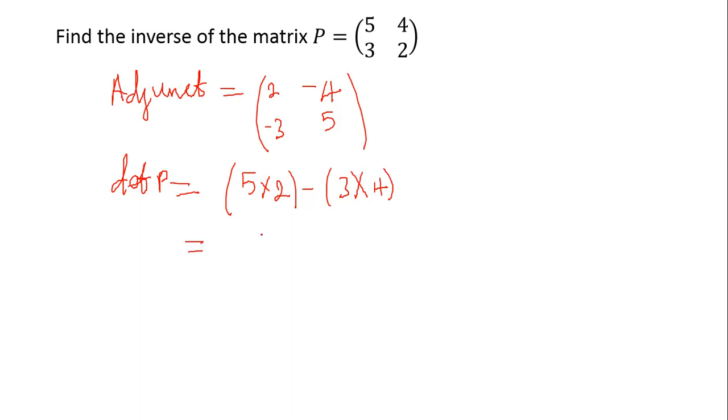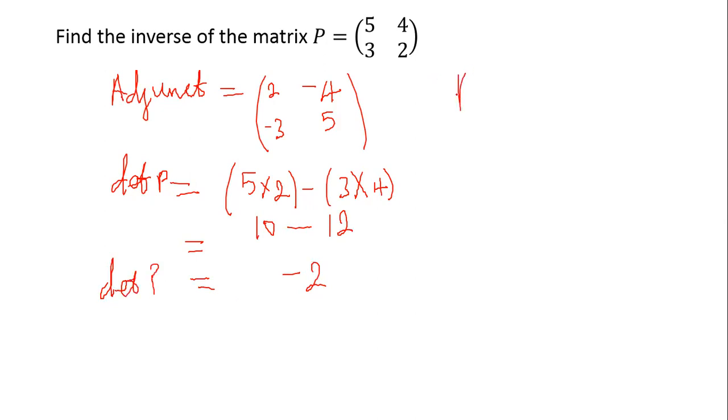So 5 times 2 is 10. Then we subtract 12. 10 minus 12 gives us -2, as the determinant of P.